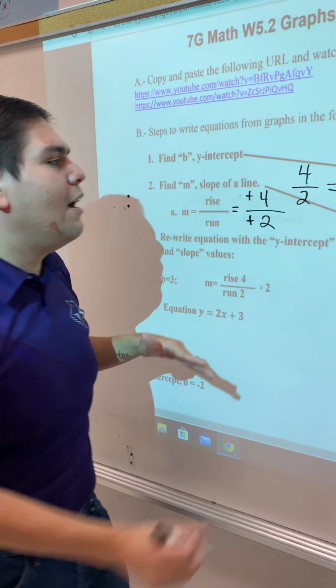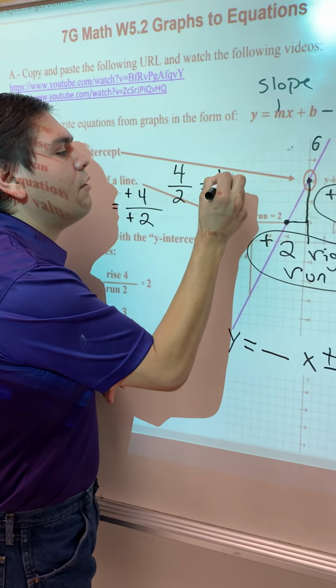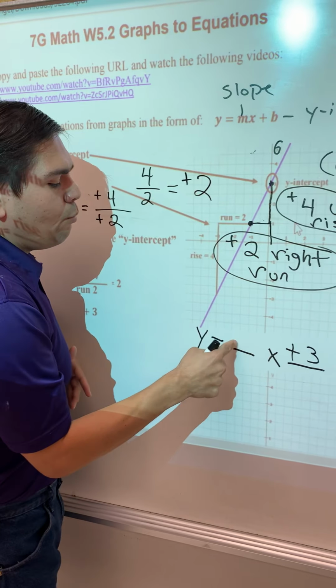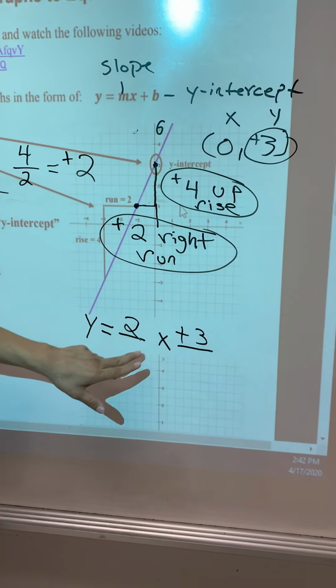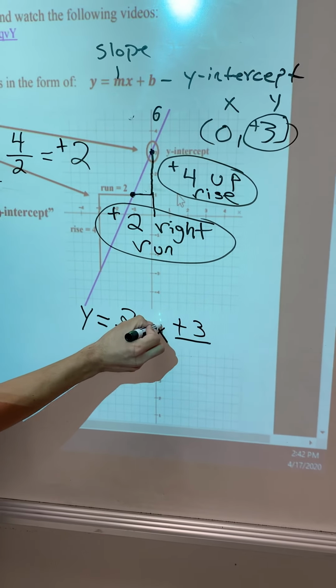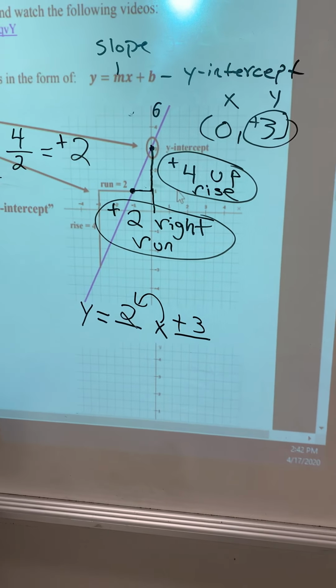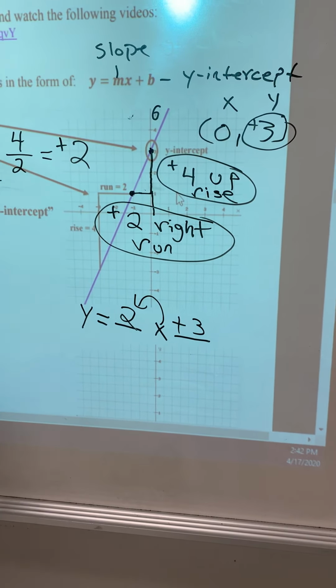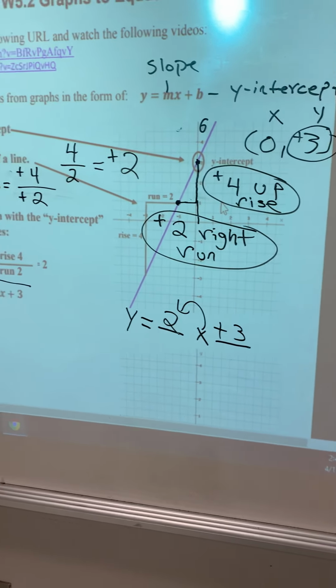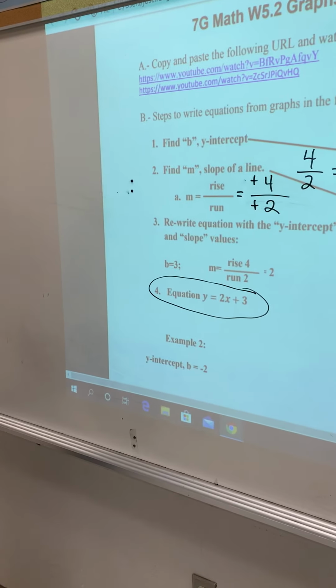And when you simplify that, your slope is a positive 2. So you write that in your other blank, which is again your slope, which is always the constant in front of the variable. And there you go. And as you can tell, we matched the equation.